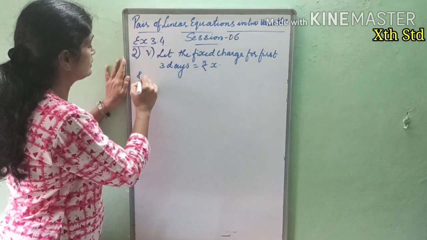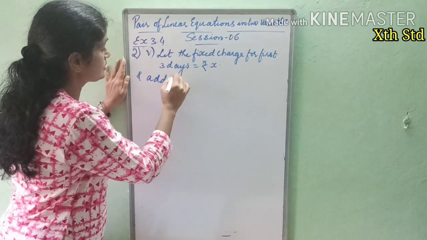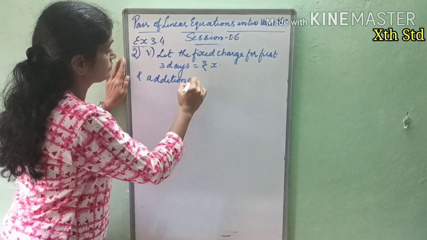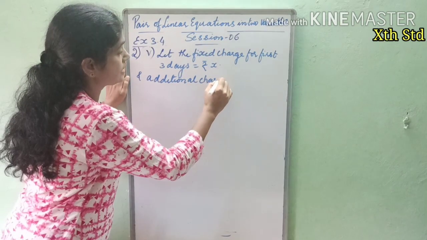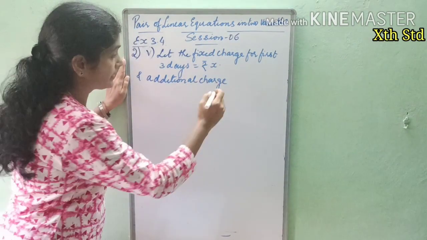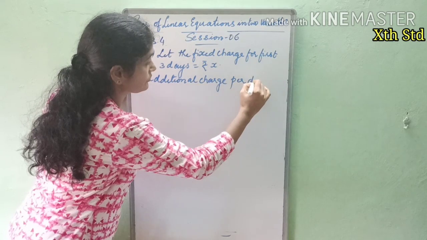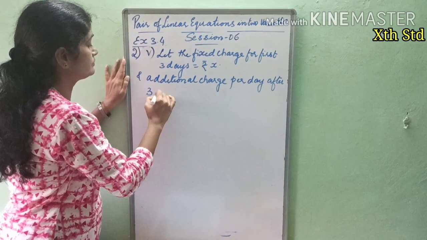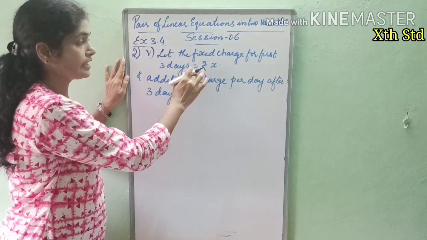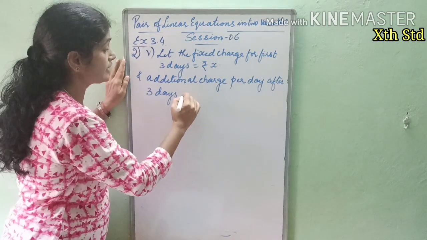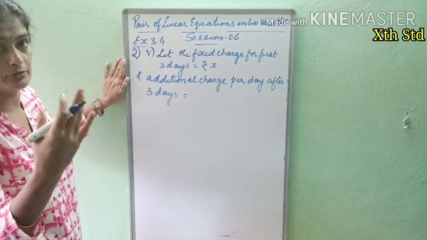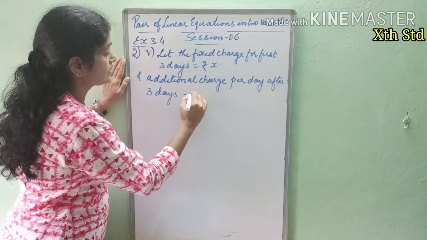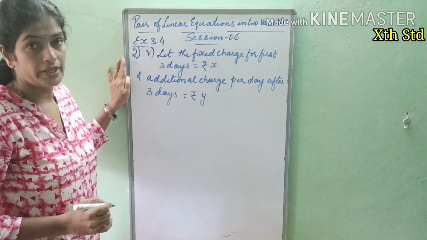Okay, and additional charge per day after 3 days. First 3 days x rupees. After those 3 days, if you are keeping the book for 1 day, 2 days, that additional charge is y.